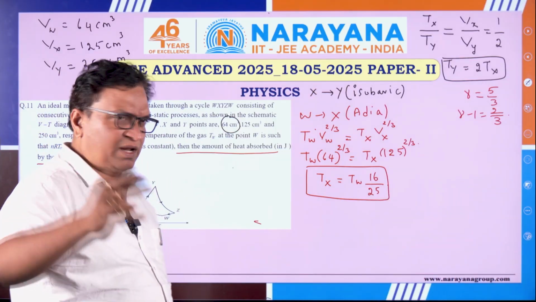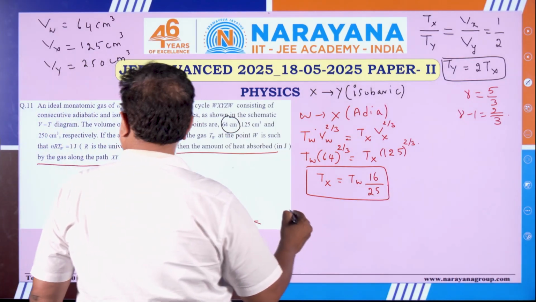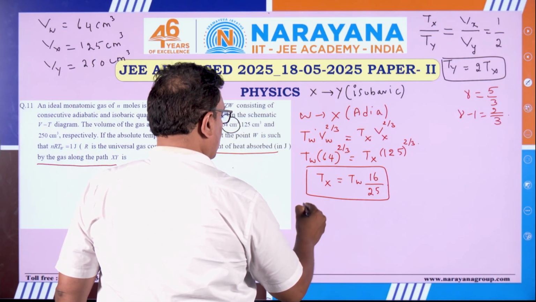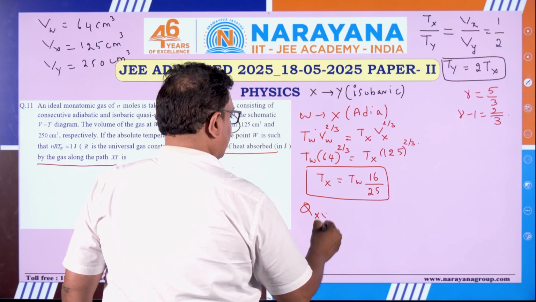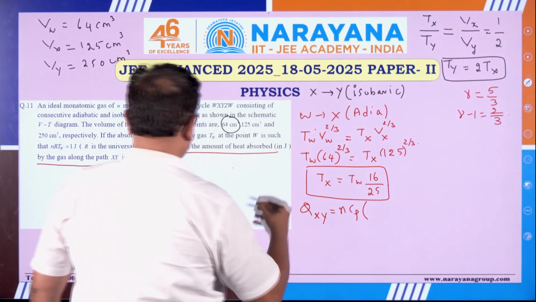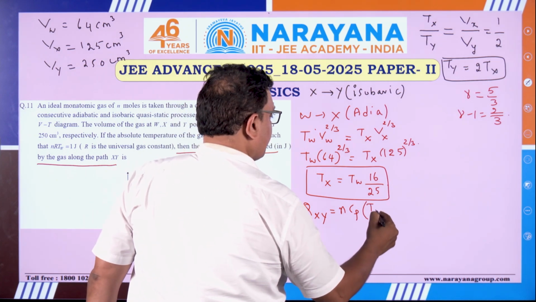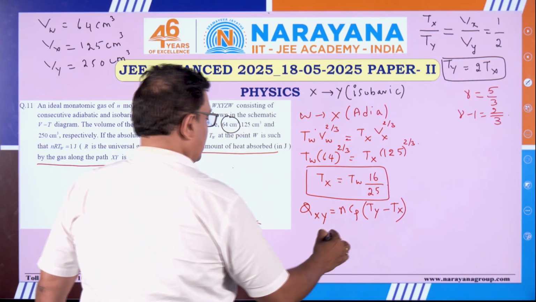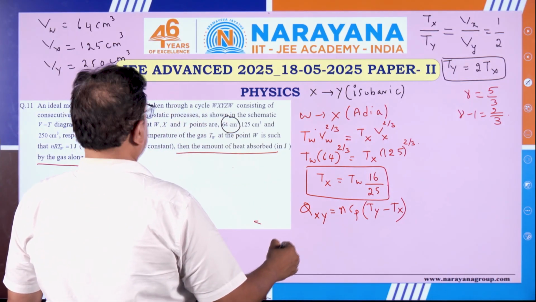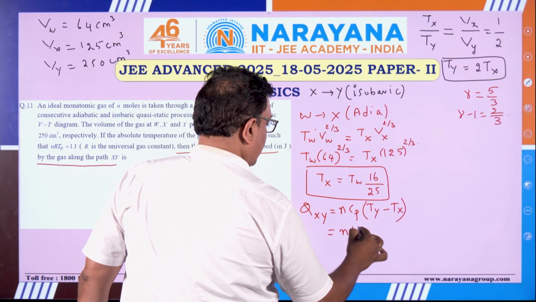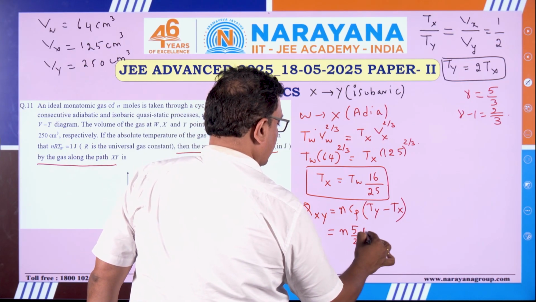So, in an isobaric process, you said it is from X to Y. Q XY is simply n Cp delta T. So, Ty minus Tx. Number of moles n, Cp is 5 by 2R.